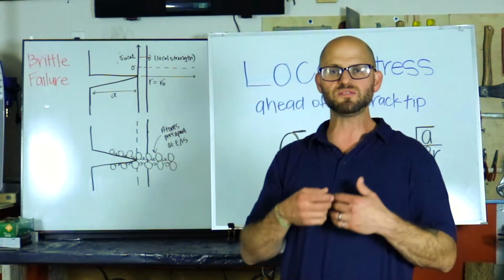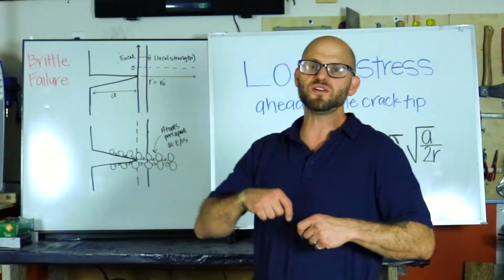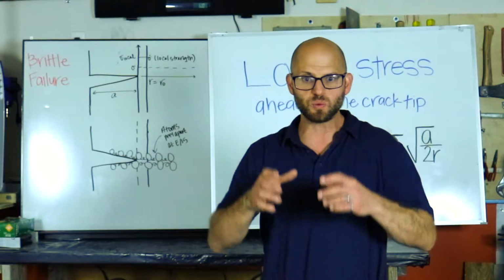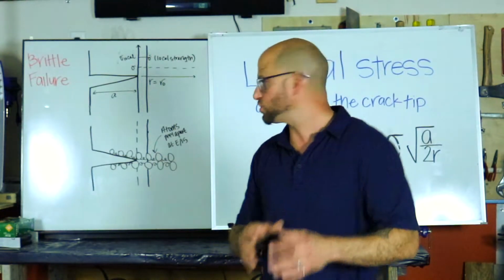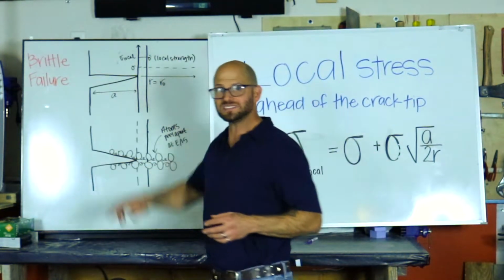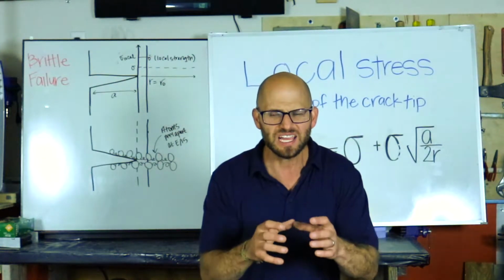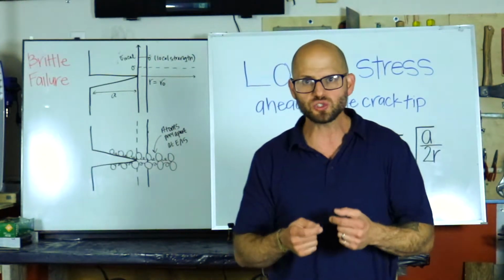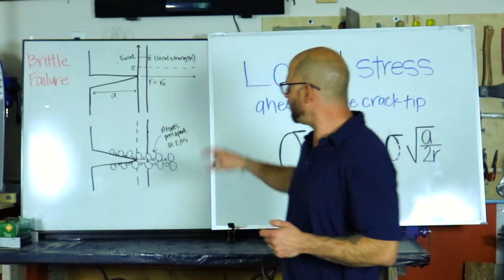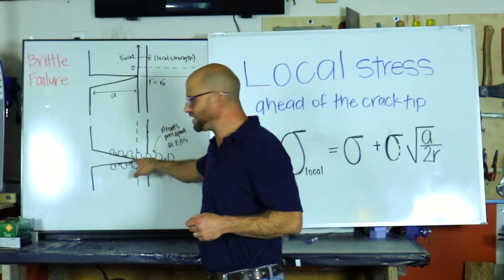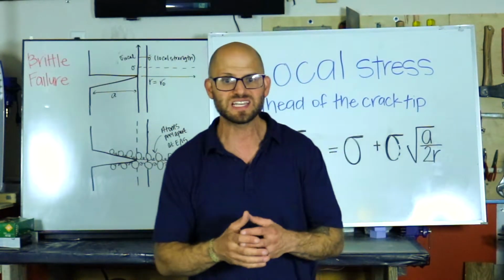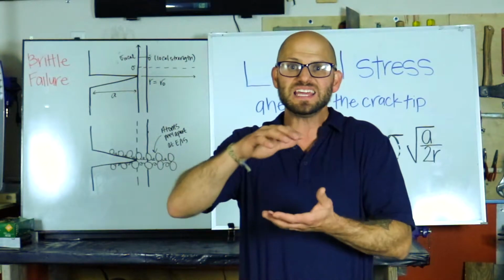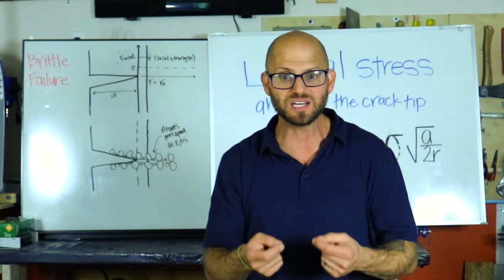That being said, because they have a very high yield strength, they also have very low plastic deformation. And when we look at the localized stress at that crack tip, it is much higher than the ideal strength of that material. And when we have that localized stress, what we're effectively doing is tearing apart the interatomic bonds.